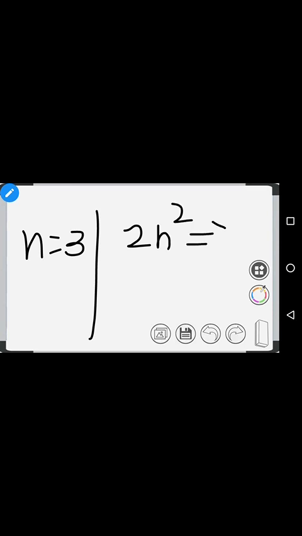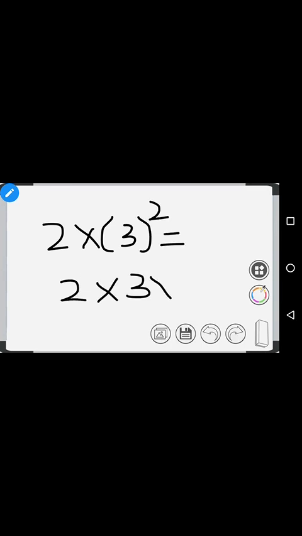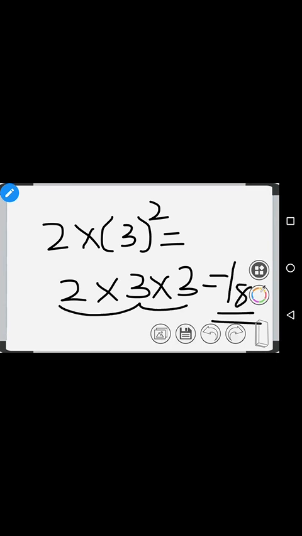How does the 18 come? n is equal to 3, and we substitute the n value in the formula 2n square. So 2 into 3 square, which can be written as 2 into 3 into 3. 2 threes are 6, 6 threes are 18. So 18 electrons can be filled.